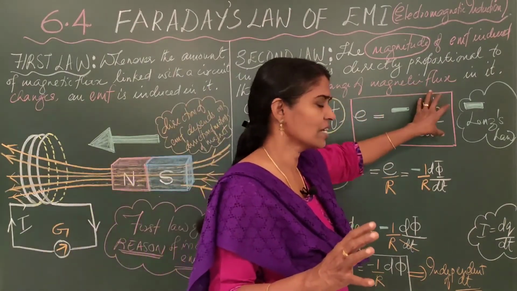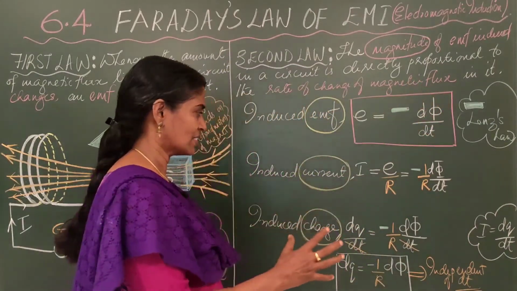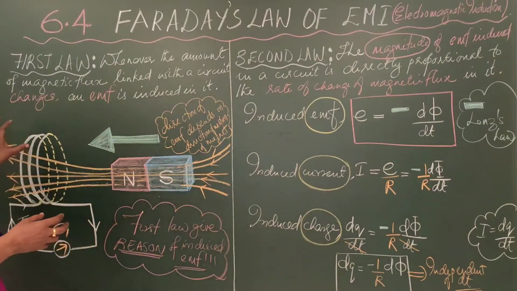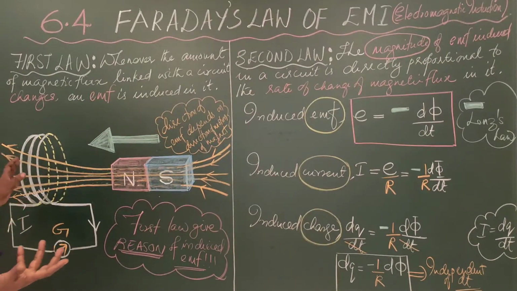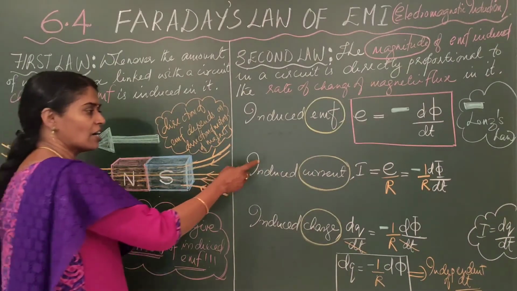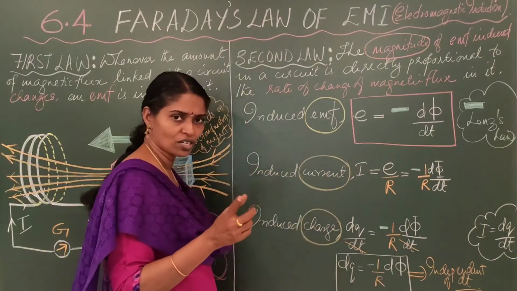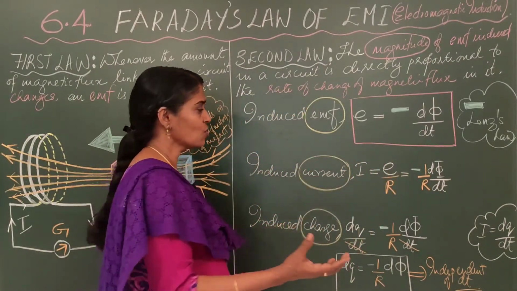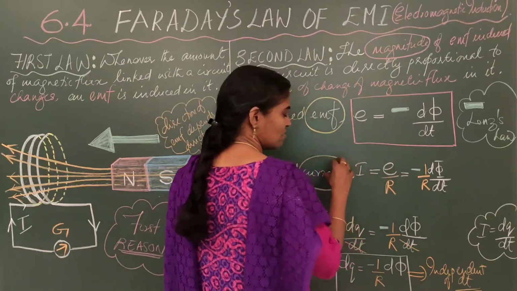Just think about the rate of change of flux. For example, if you have resistance for two different coils, suppose you have copper wire and at the same time silver wire. If you do the same experiment with copper wire and silver wire, the current will be different. Why? Because copper has more resistance compared to silver. So if you are using copper wire, the current will be less.